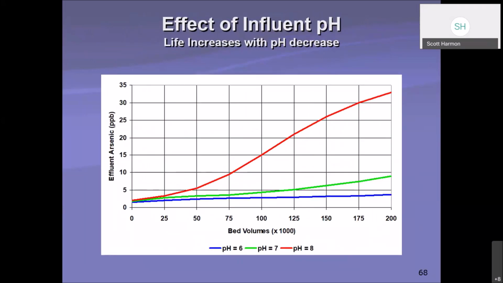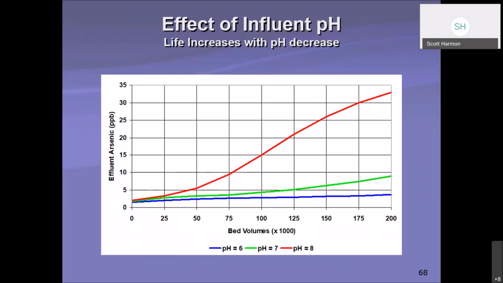So here's an effect of, I just talked about the effects of influent pH and how they could affect the treatment, the overall effluent. So there again, you have the effluent arsenic on the left, and the bottom of this one is the bed volumes times 1,000.